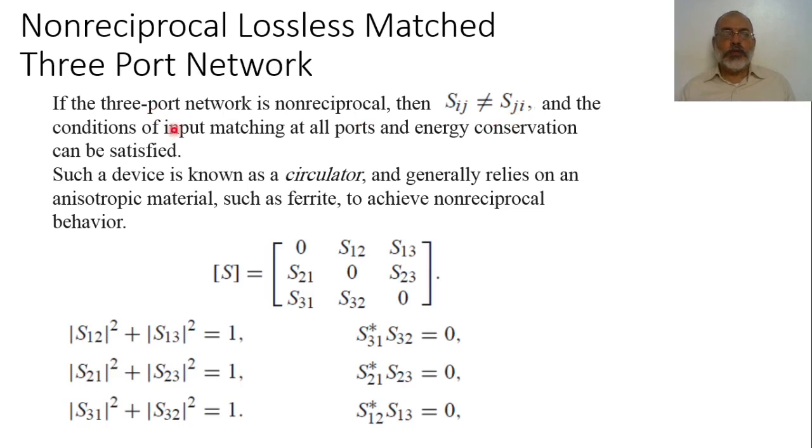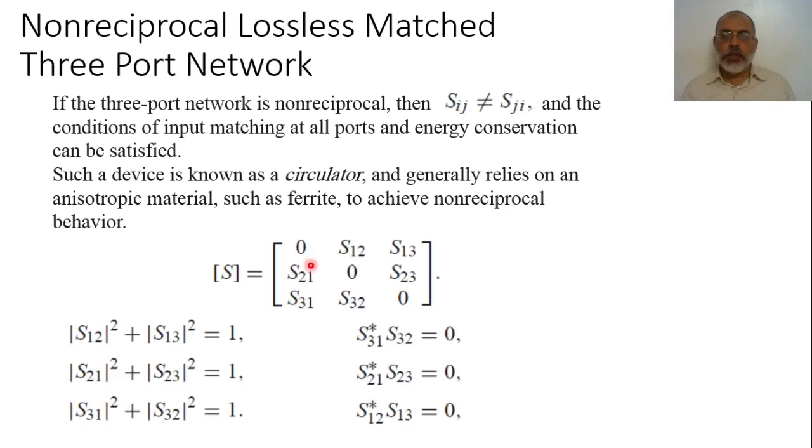The conditions for the input matching at all ports and energy conversion should be satisfied. In this case, Sii, or S11, S22, S33, are 0. So input matching is satisfied for all ports, and at the same time the energy conversion: if I take the magnitude squared of any column or any row, it should be unity.